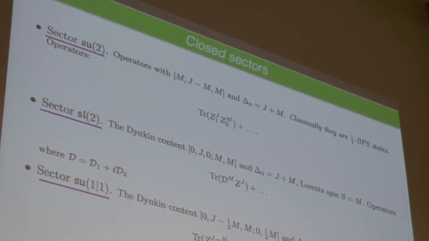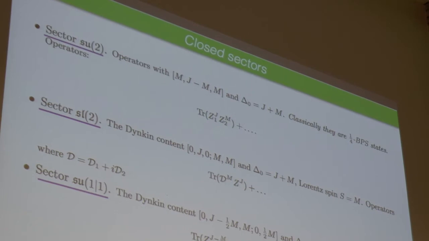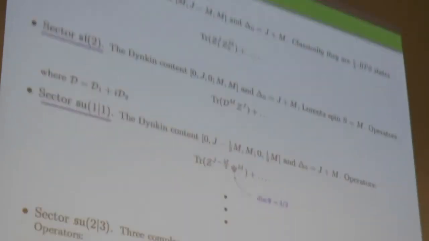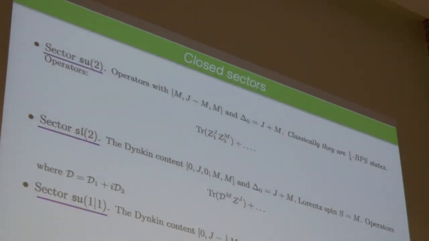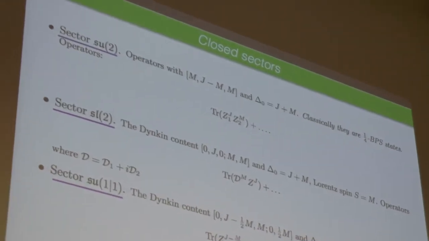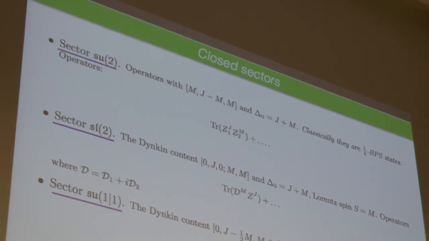Then there is a very important SL(2) sector, to which I will be turning my attention later on. This is made of covariant derivatives in the field Z. So just one complex scalar Z in a certain power J, and covariant derivatives. The covariant derivative participating there is the so-called light cone covariant derivative, made of D1 and D2.